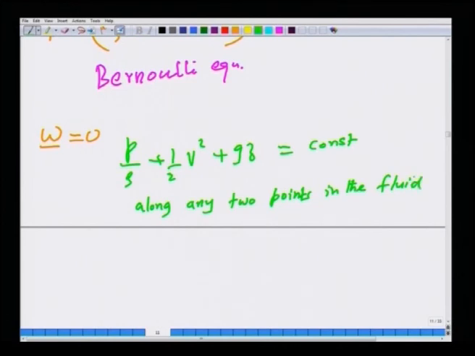So, these are two different assumptions. In the first case, we are not saying omega is 0, we are merely saying that the flow is inviscid, that is the viscosity is 0. Then the Bernoulli equation is valid only along any 2 points along a streamline. But if you are saying that the flow is irrotational, then the Bernoulli equation is valid along any 2 points across the fluid, even across streamlines.